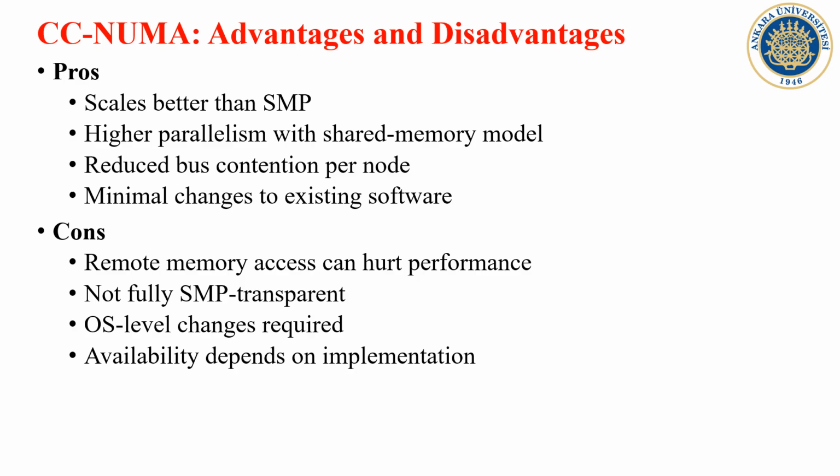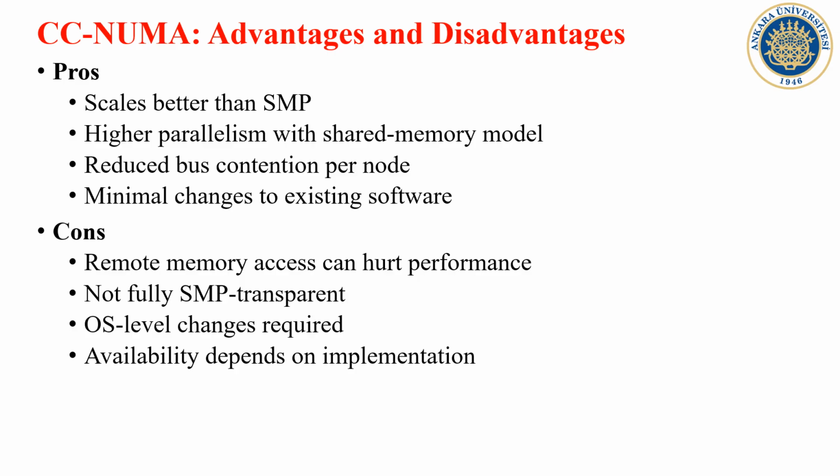Performance mainly depends on how memory is accessed. If most data is local, performance is very good. Cache plays a big role here, and in many applications, good locality means remote memory access is limited. The operating system can also improve performance by moving frequently used pages closer to where they are needed.